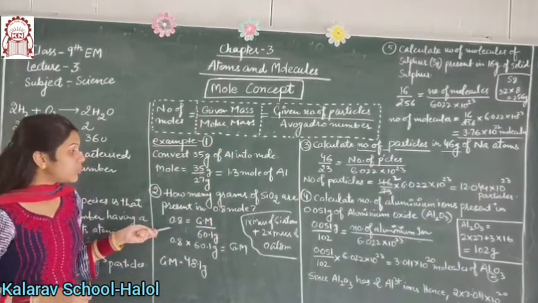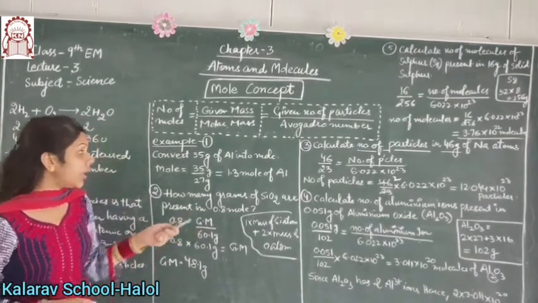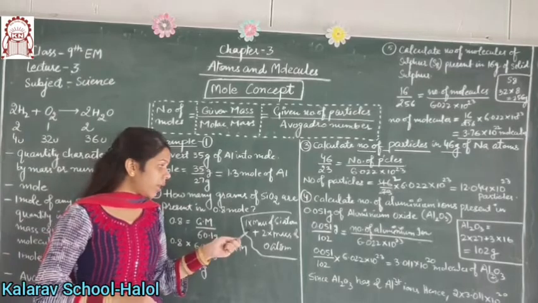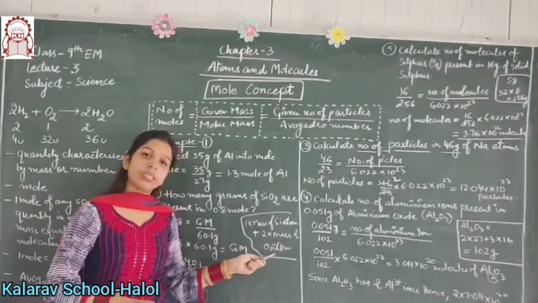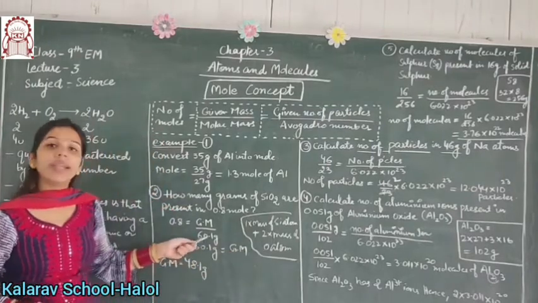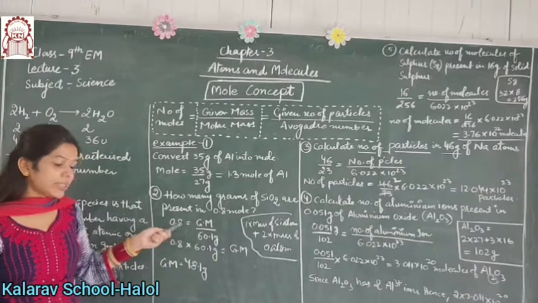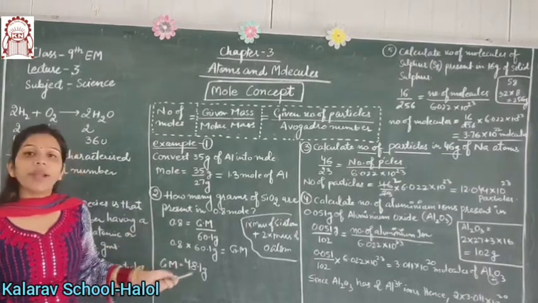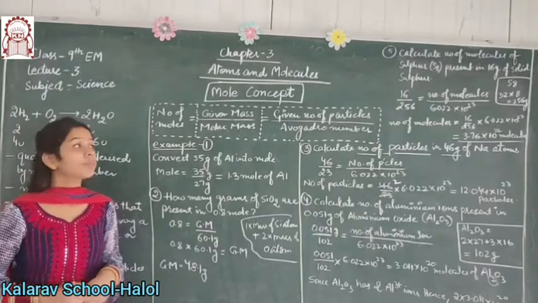The number of moles is 0.8, the given mass has to be found out, and the mass of silicon oxide is 1 into mass of silicon atom plus 2 into mass of oxygen atom. So it is 60.1 gram. We multiply this on this side and we get 48.1 gram mass of silicon oxide.